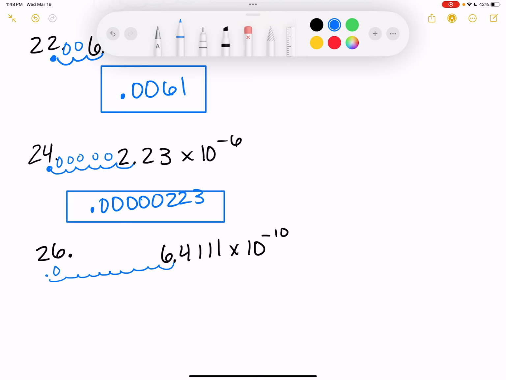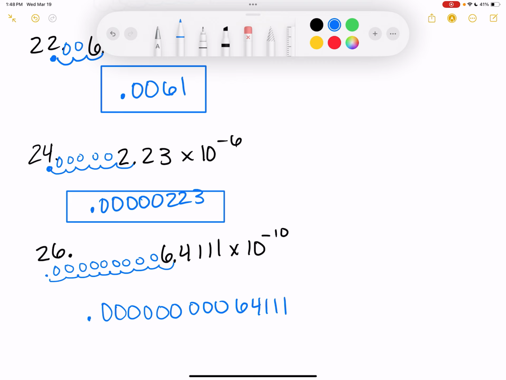So I have 9 zeros, basically, in front of my 6. 1, 2, 3. So 0.000000000 6 4 1 1 1.